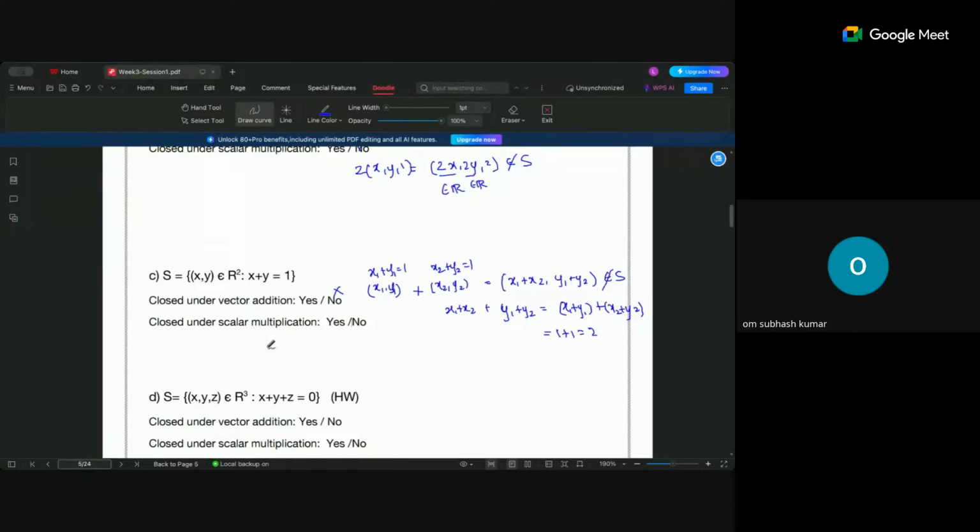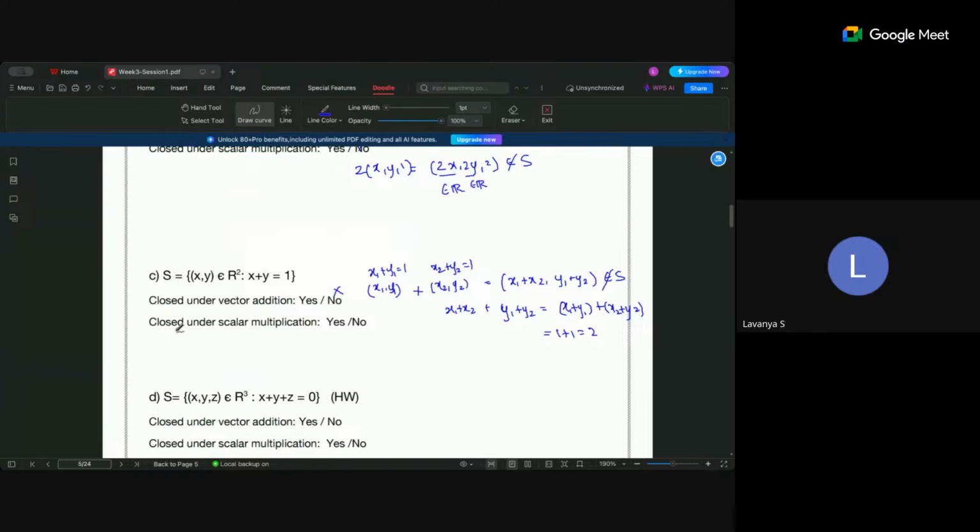If it satisfies, then it will come from that space. Yes, whatever condition is there, if that is satisfied, it means the vector belongs to the set S. If we generalize this statement, if the condition is satisfied, it will belong to the set. Otherwise not. Okay, thank you.